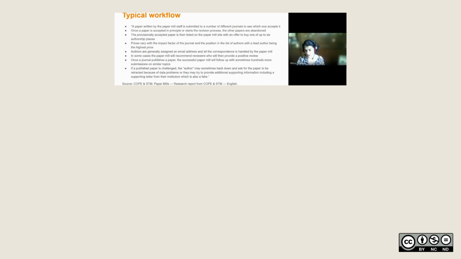This is quite typical of this kind of business. And then when one journal accepts and publishes this kind of paper with this fraudulent research, they start publishing more in different journals, and then they cite this journal. So usually you have citation manipulation involved together with publishing those fake papers.